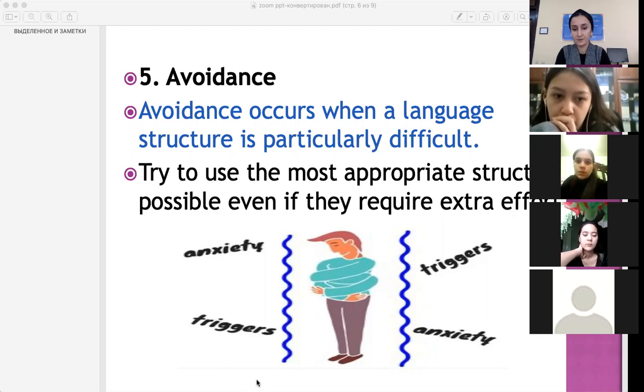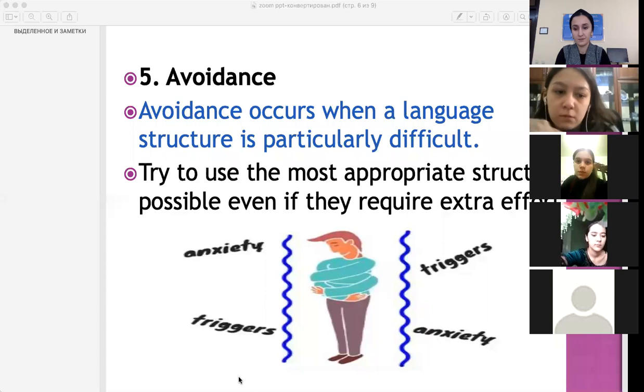For example, we avoid a particular structure if it is difficult in grammar in some way, we try to avoid such situations and use an appropriate structure.